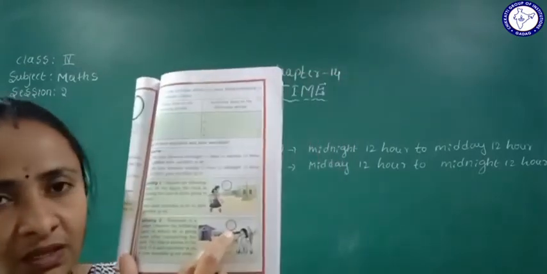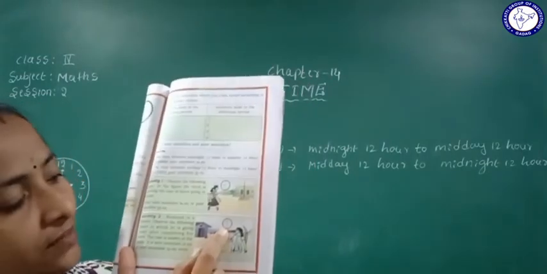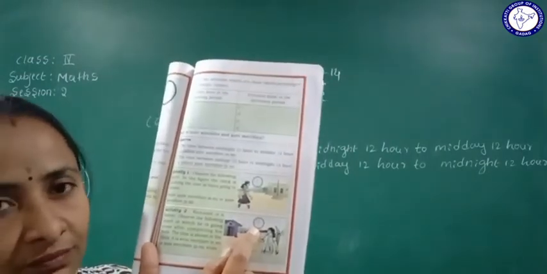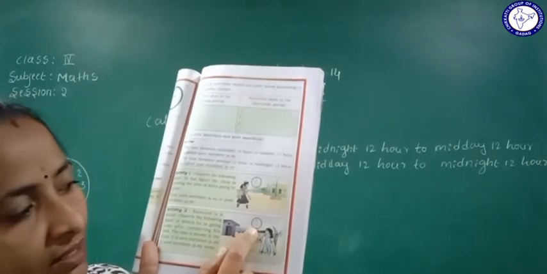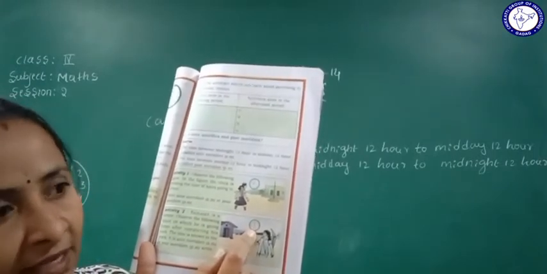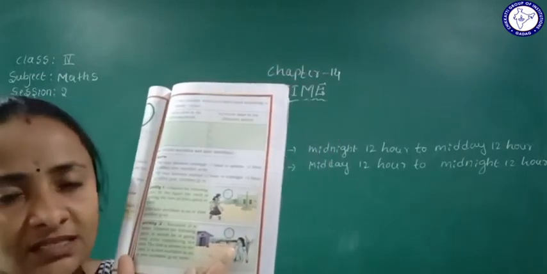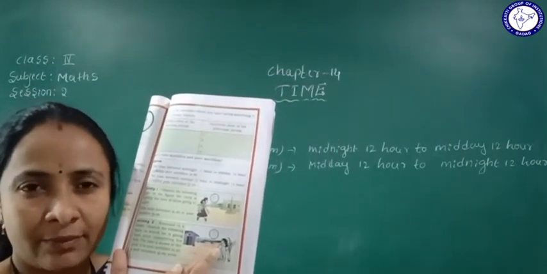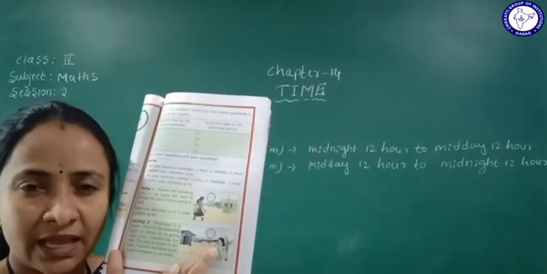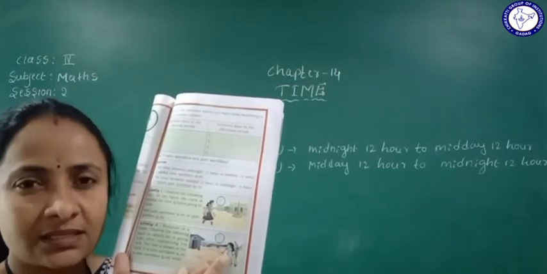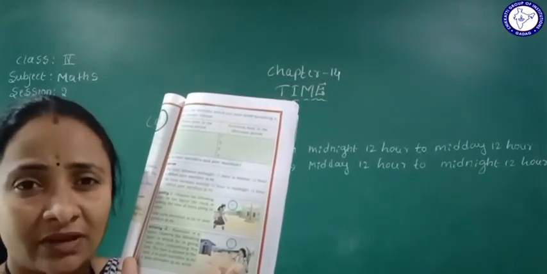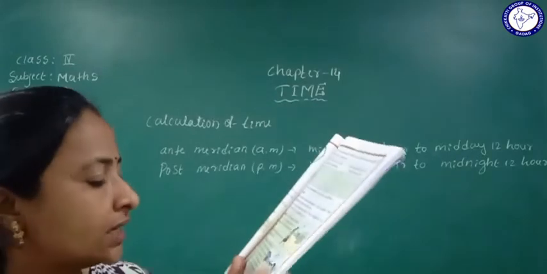The exact time, a straight line, is 6 o'clock. After completing his work he comes back at 6 o'clock. Is it AM or PM? This is PM. In the evening he will come back.